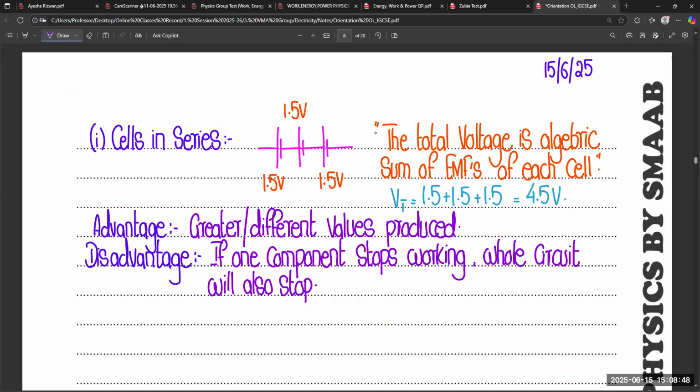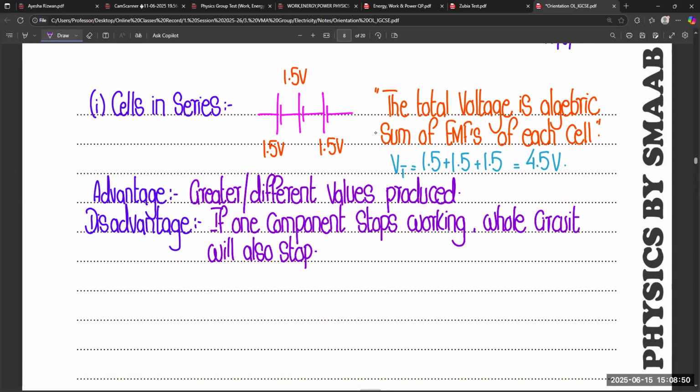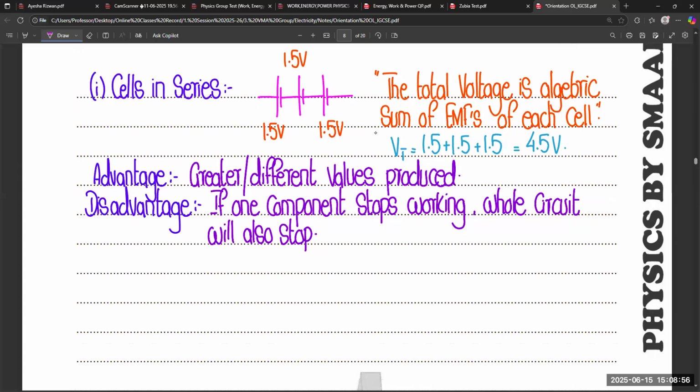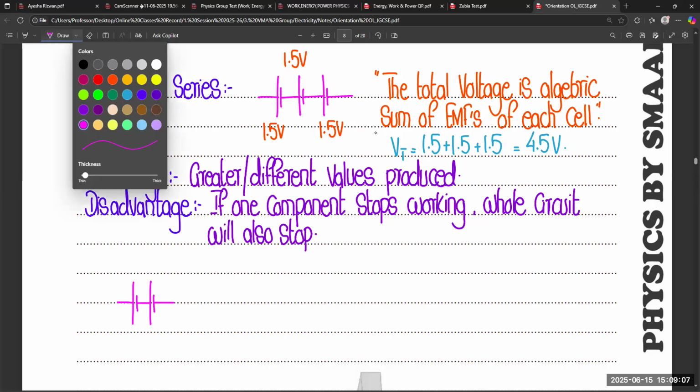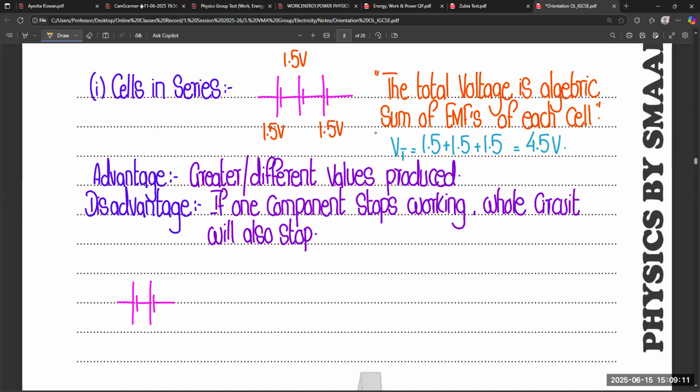And for example, if we consider a different type of combination of cells, if we consider two cells in this way, the value of one cell is 3 volts and the other one is 2 volt.